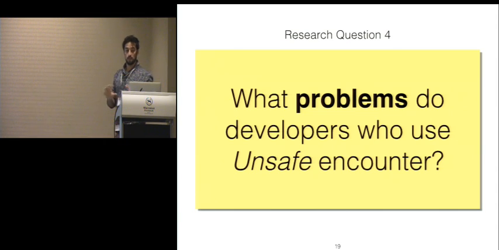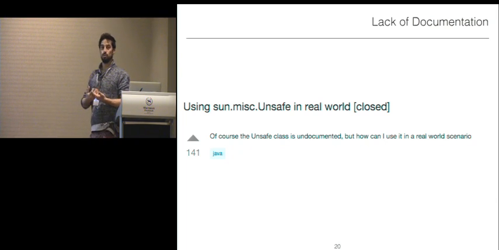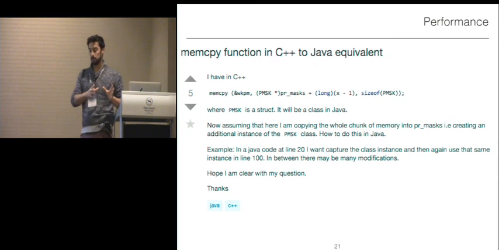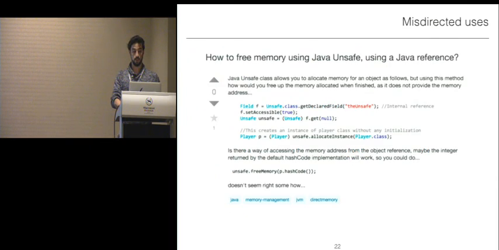We found that since sun.misc.Unsafe is not documented, a lot of people are asking how to use Unsafe. Then we found there are other people coming from C++, who want to use Unsafe to do in Java the same thing that they were doing in C.